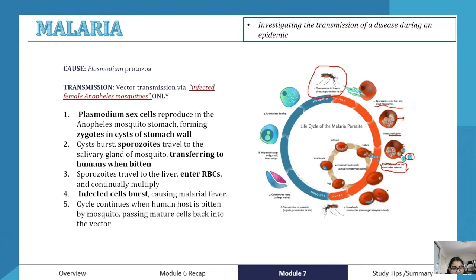Once they're released, they undergo a sexual cycle to produce gametes instead, and you can see here they're producing gametes within the human body.